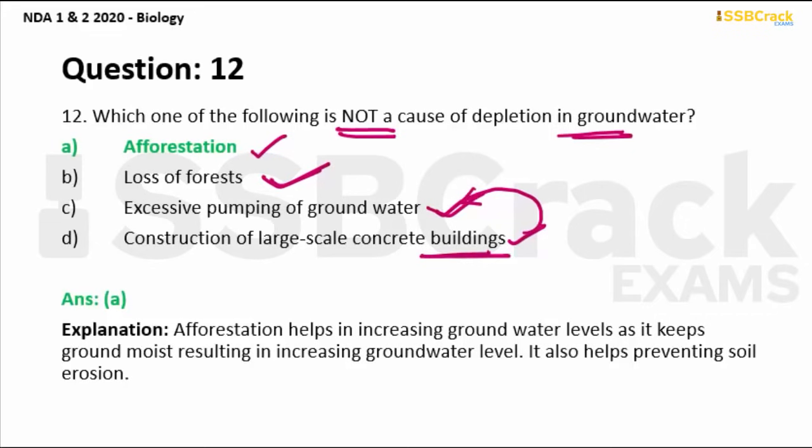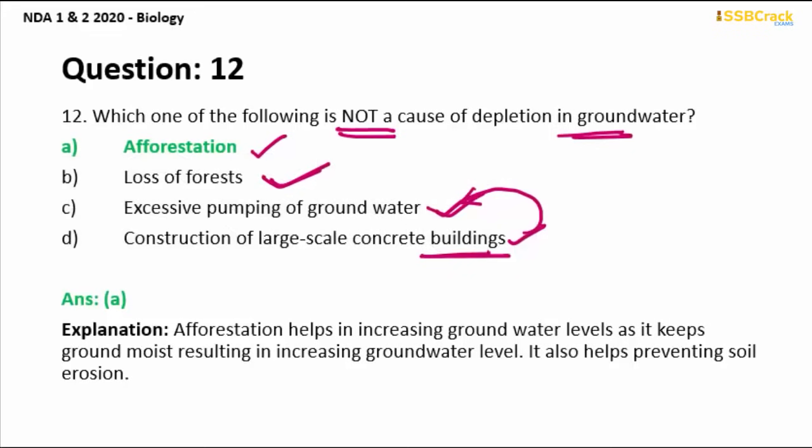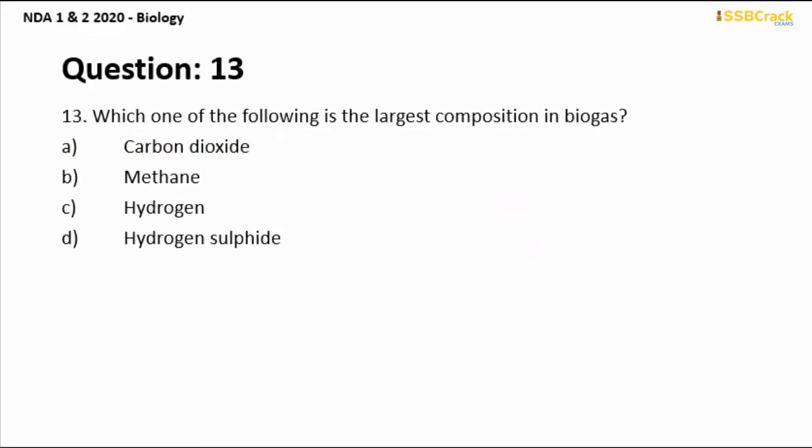So the only option here is afforestation. Afforestation helps in increasing groundwater levels as it keeps the ground moist. It also helps prevent soil erosion. So here the option is A, afforestation. Clear? Now let us move on to the next question.